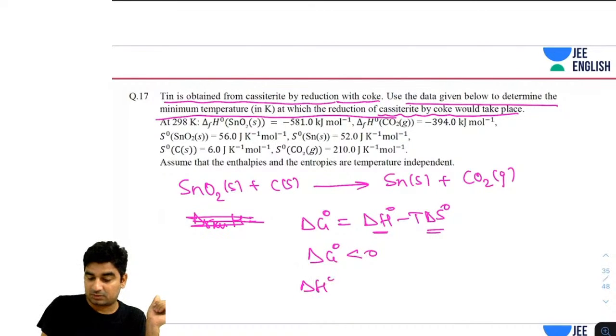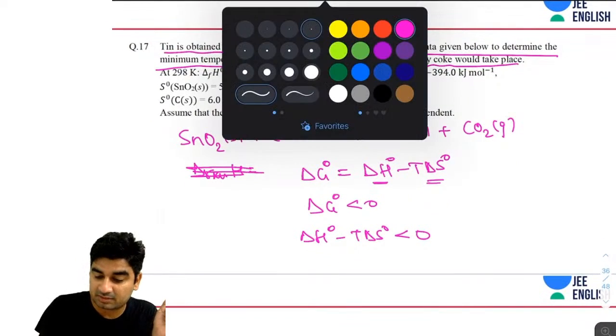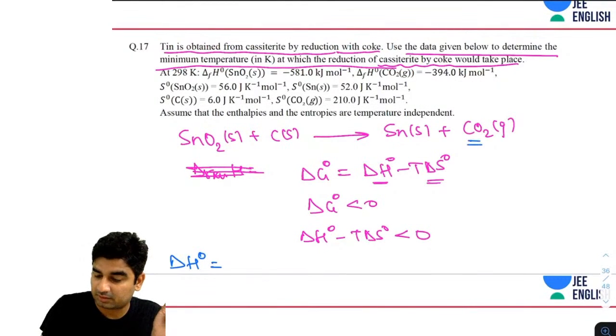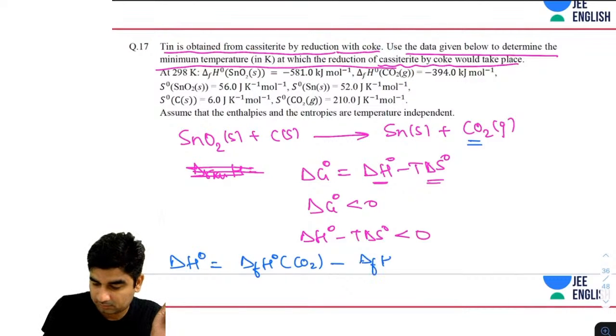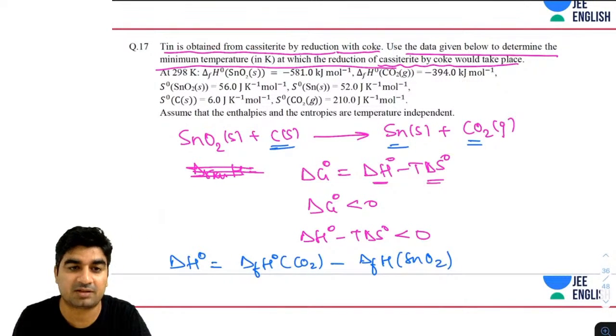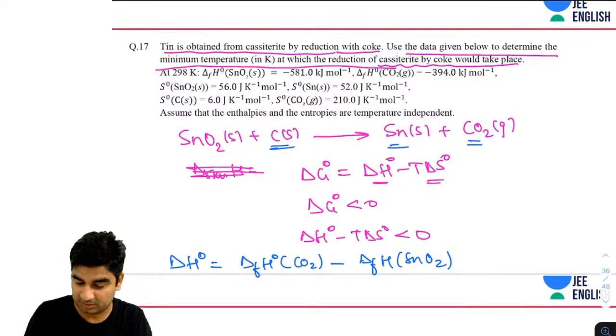So delta H naught, this has to be negative. So how will you calculate delta H naught, guys? How will you calculate? Because these are elemental state and you have to take their enthalpy of formation to be 0. So once you are doing it, you will be getting delta H naught.